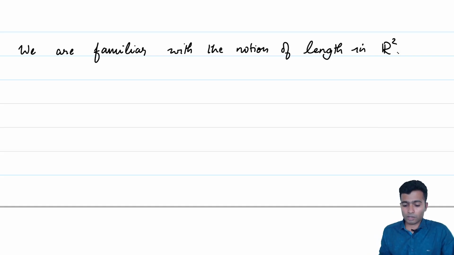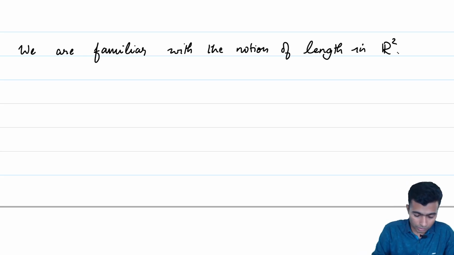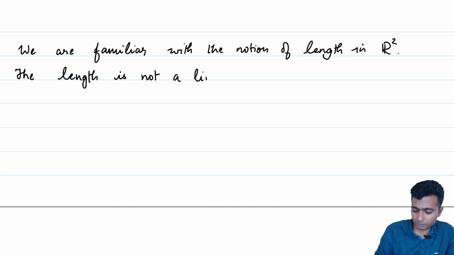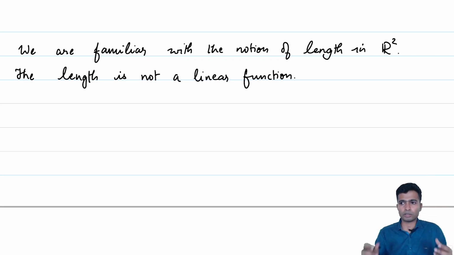The first drawback of the notion of length is that it is not linear. It's not a linear function. So in other words, if you take say (1, 0) and (0, 1), both are vectors of length 1.